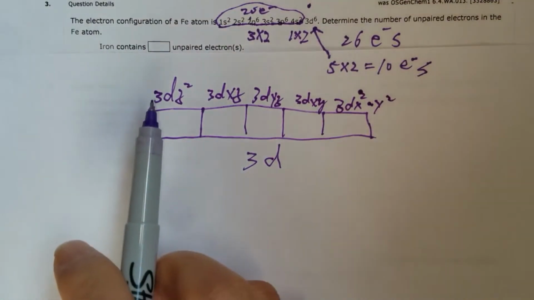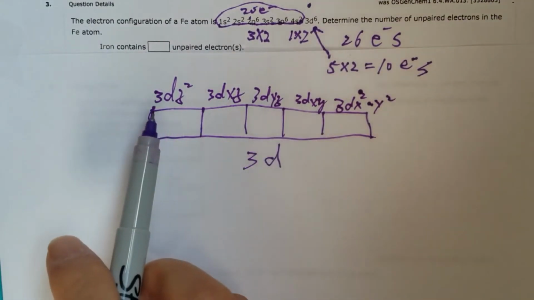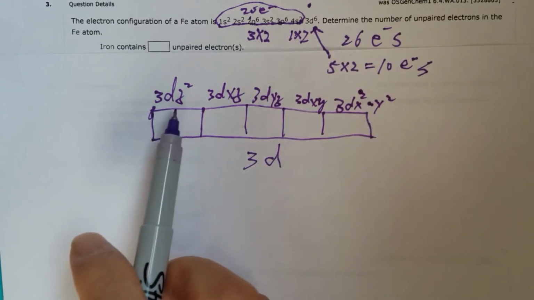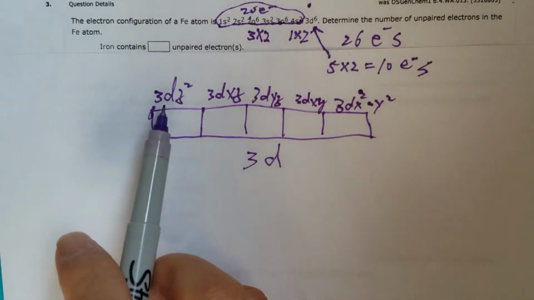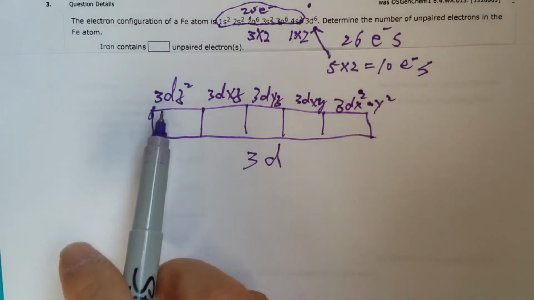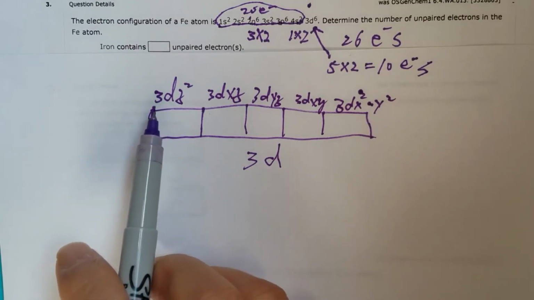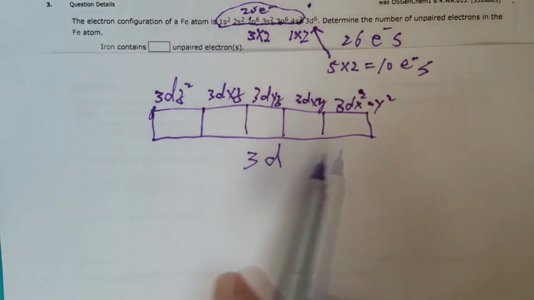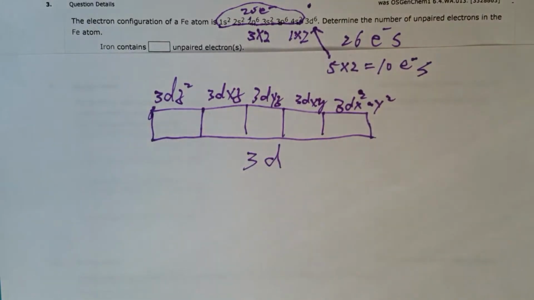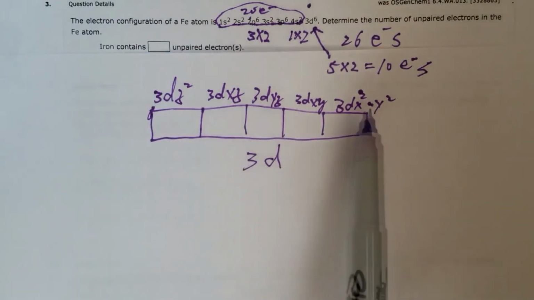You don't need to memorize the specific names or symbols for each individual orbital, but you do need to know those are 5 different ones.